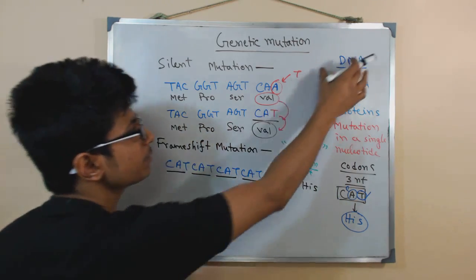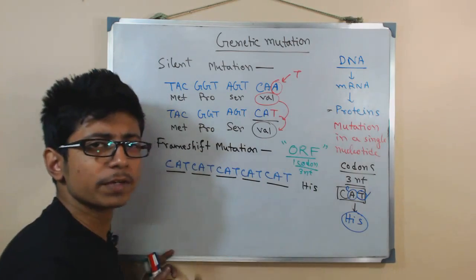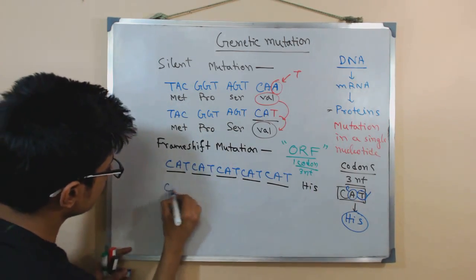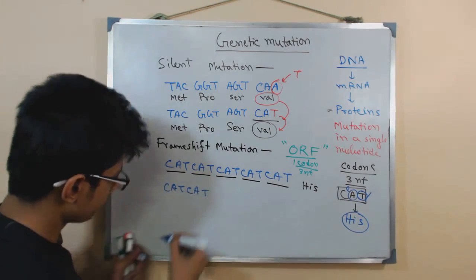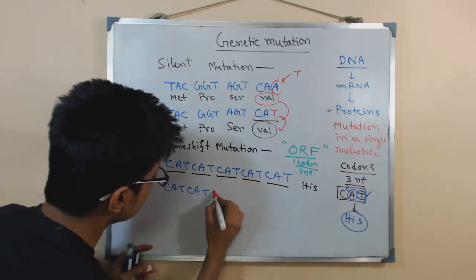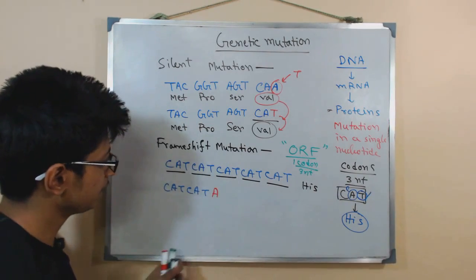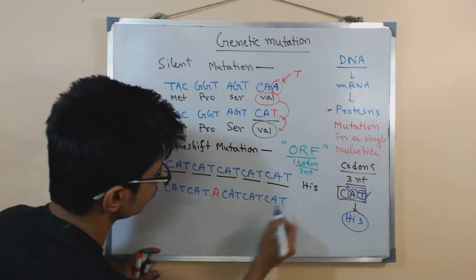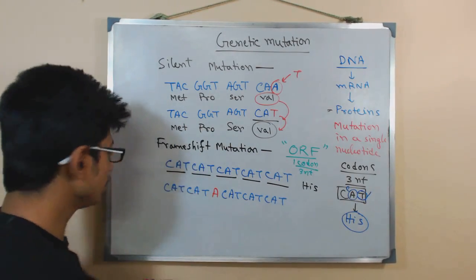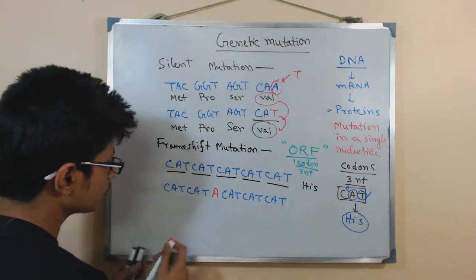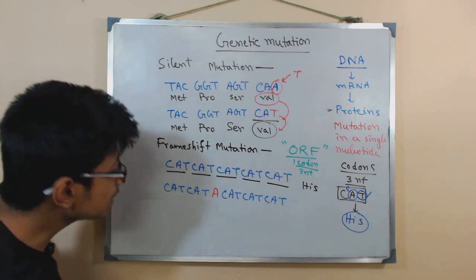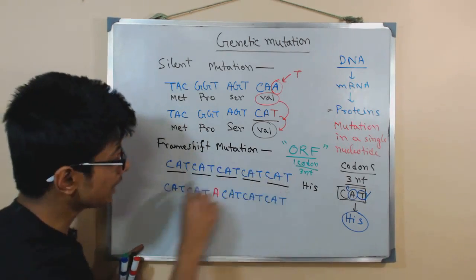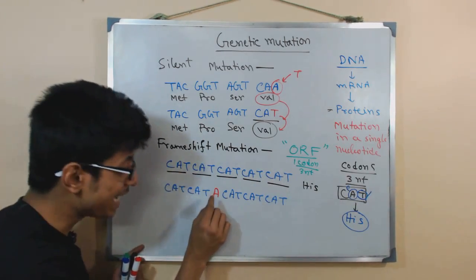For example, they place all these reading frames firmly, but here they place one extra adenine in this place, right? So once this is added, it increases the number of nucleotides. Previously there were 15 nucleotides, but now there is one extra nucleotide, which is A, added.